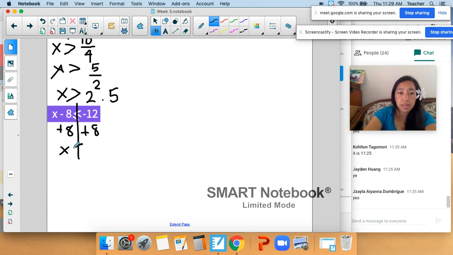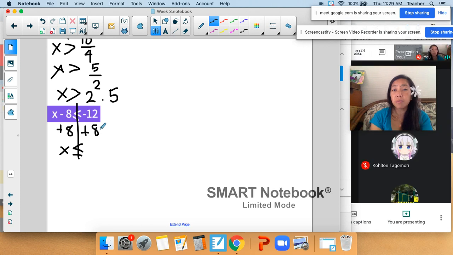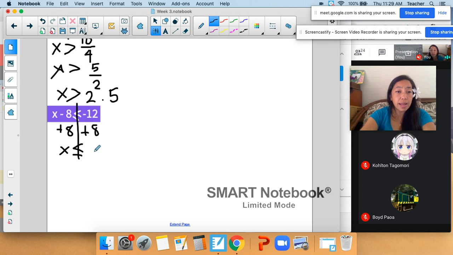It's less than or equal to, and I have negative 12 plus 8. Those are different signs. Different signs, subtract big absolute value minus small absolute value, and that gives me 4. Then I keep the sign of the larger one, and it's going to be negative. And that is how we solve.